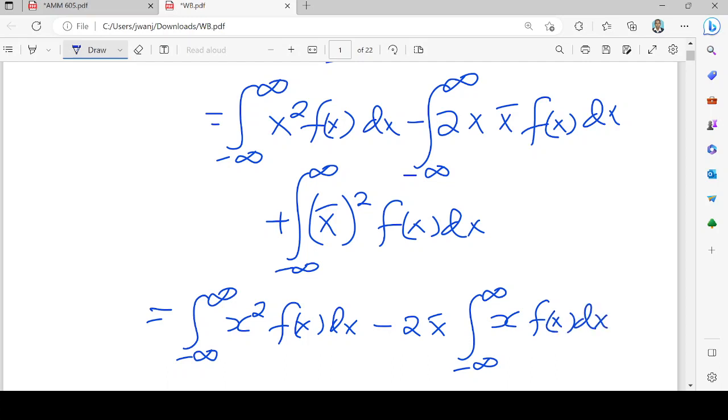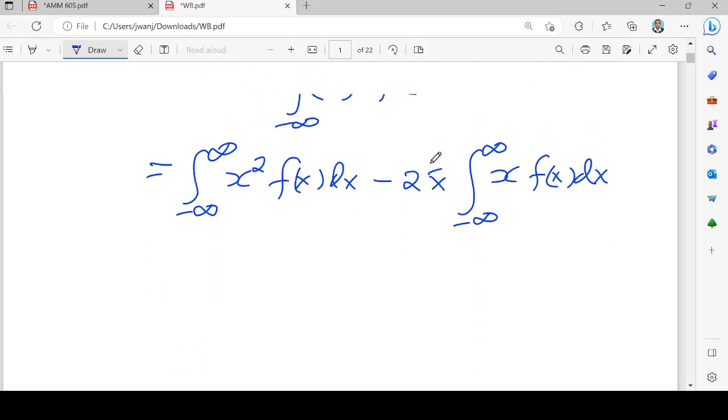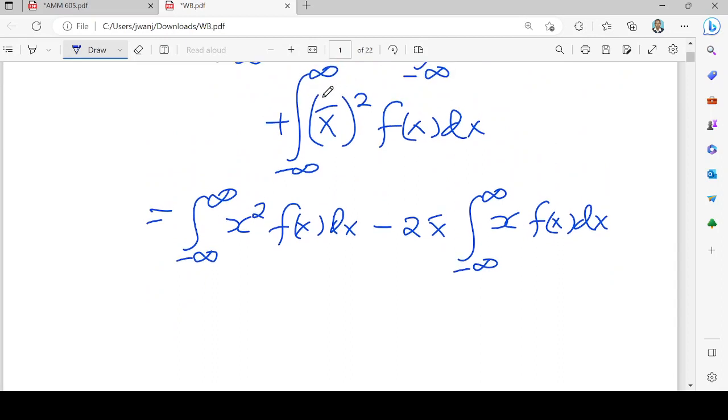That's the second term. Because x bar is a constant and 2 is a constant, we can push them forward. Then the last term, x bar is a constant, so we shall write plus x bar squared times the integral from minus infinity to infinity of f(x) dx.